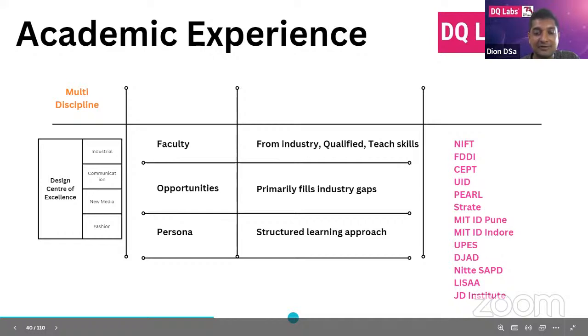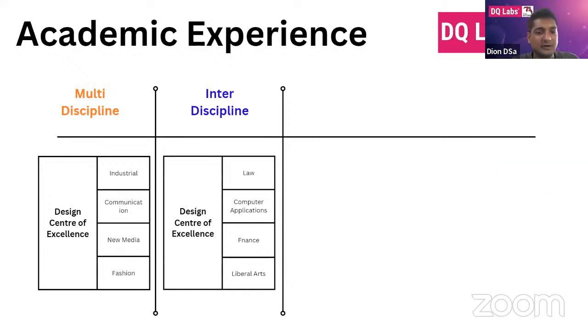So now I've got answers, people are following. Now we'll go to the next one. Some of y'all had said you'll want to explore further, right? So let's go to the interdisciplinary model. Now, in the interdisciplinary model, this generally happens at universities, because a university has a school of design, a school of law, a school of computers, a school of finance and liberal arts, and various schools, right?